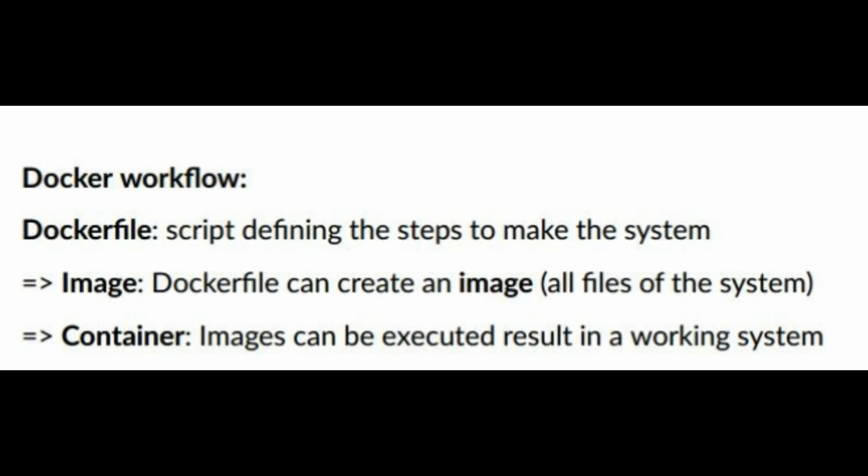And once you execute an image, the executed form is called a container. So it has all the results of your operated thing. A general parallel to this would be: consider the Dockerfile to be the schema of a truck, then the image is a ready-made truck, and a container is an operating truck.